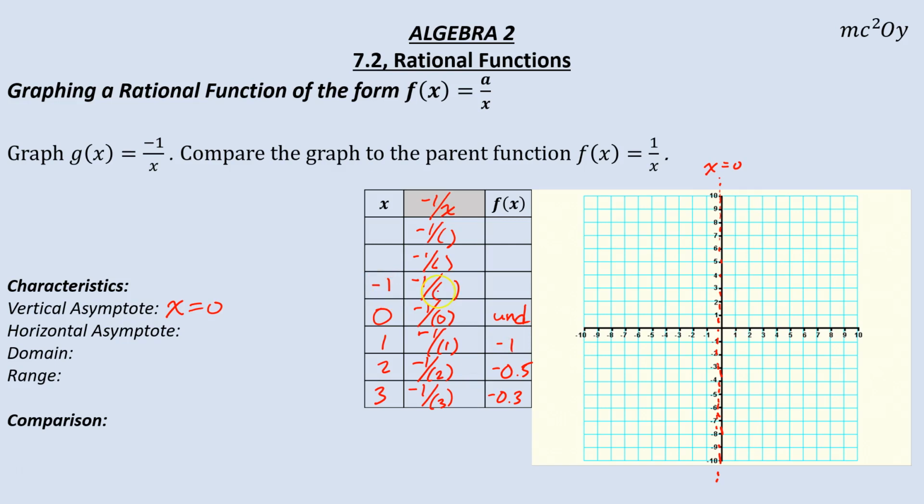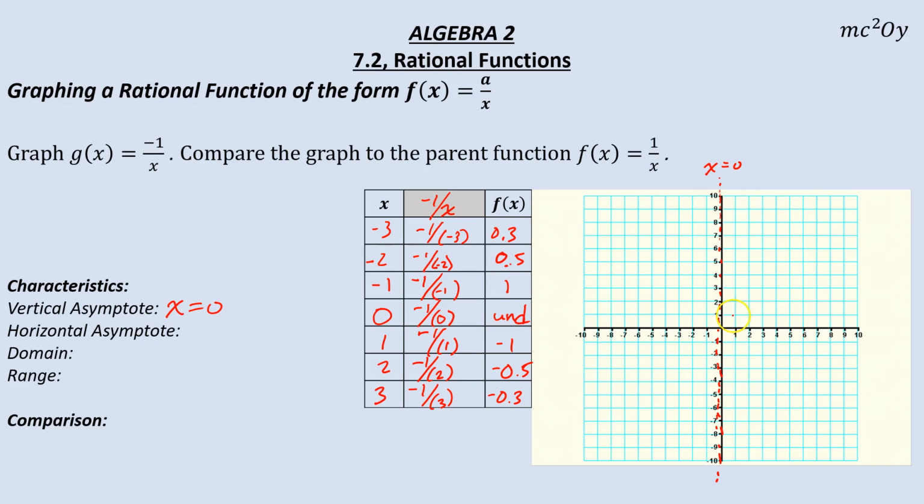If I substitute in -1, -2, and -3, well, now I have a positive 1, a positive 0.5, or positive 1/2, and a positive 0.3. And so really what's happened is my graph is reflected here.